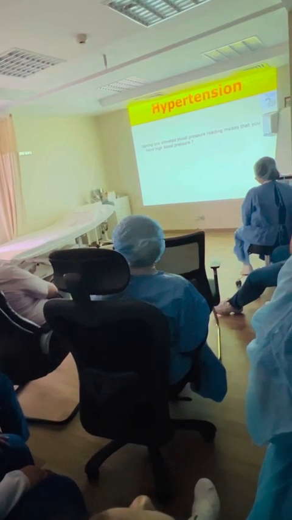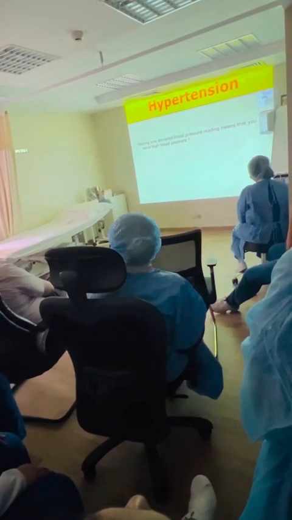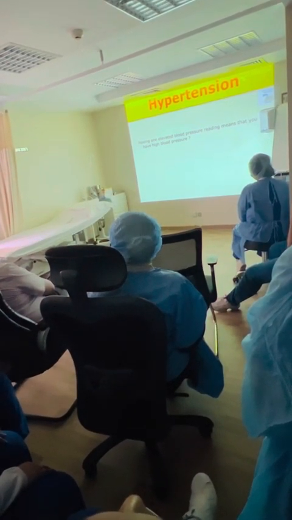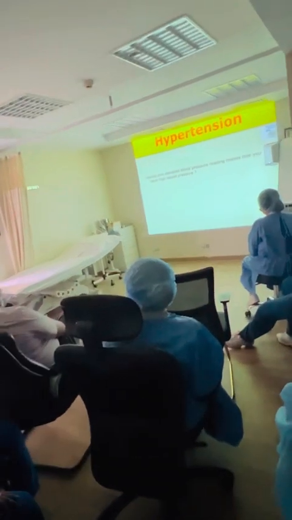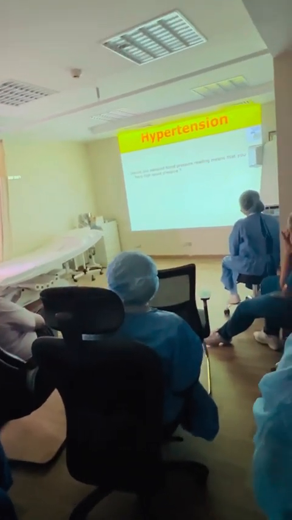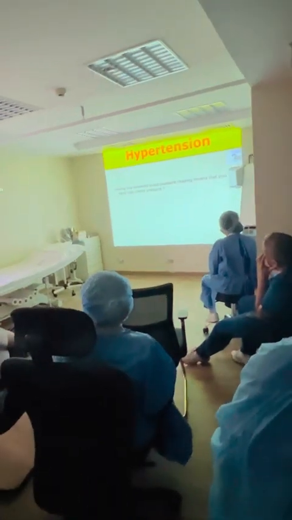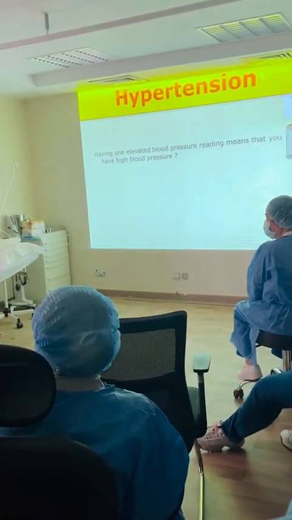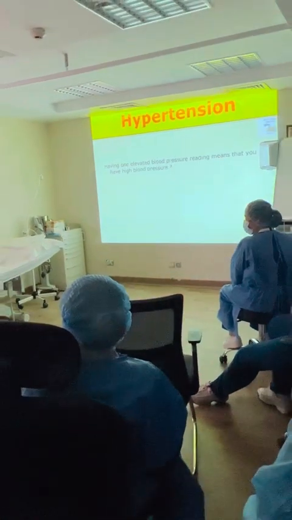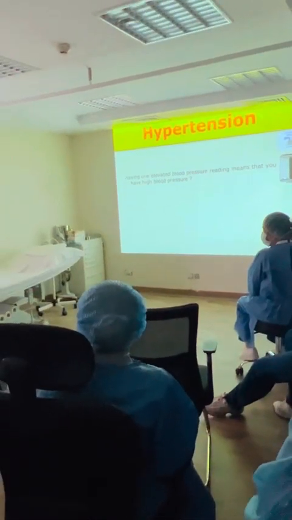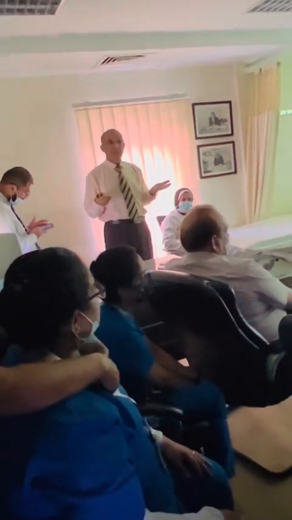Third one: if the blood pressure is elevated above systolic 140 and diastolic above 90, am I hypertensive? If we check the blood pressure of any one of us now and it comes 160/100, is he or she hypertensive? In one reading, we cannot say.